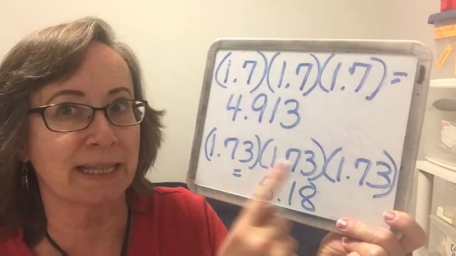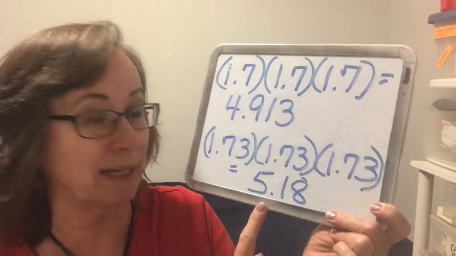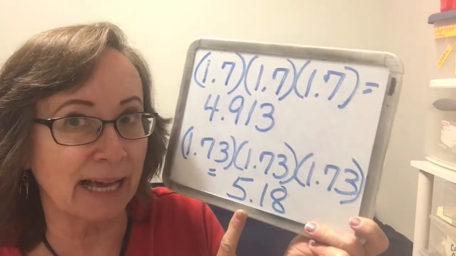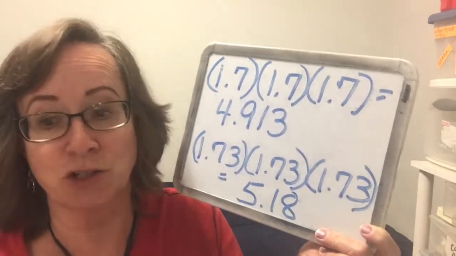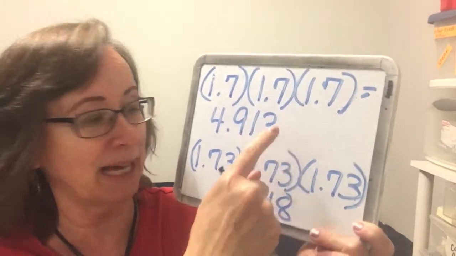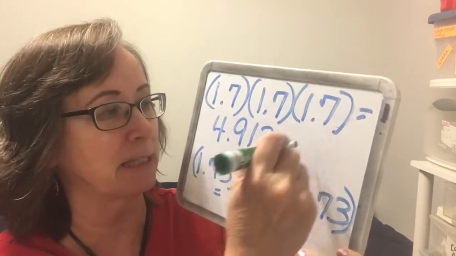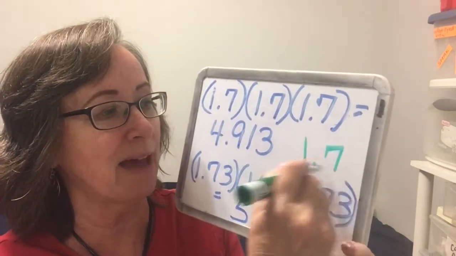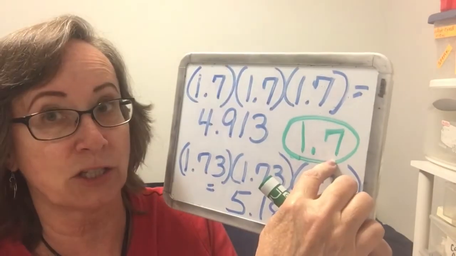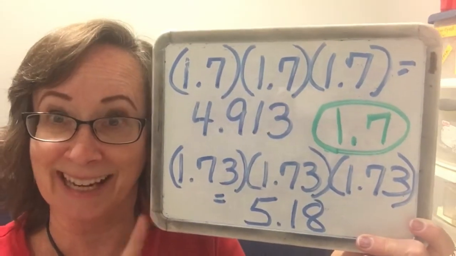So we multiply 1.73 times 1.73 times 1.73, and we get 5.18, which is a little bit big. Since 1.7 was a little too low and 1.73 was a little too high, we know the best estimate is 1.7 to 1 decimal place. So it's to the tenth place that we were making our estimate. And that is the method of cut and try.